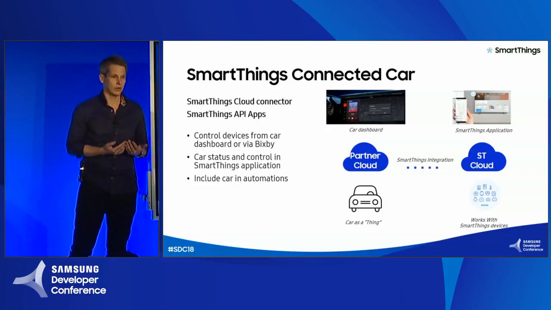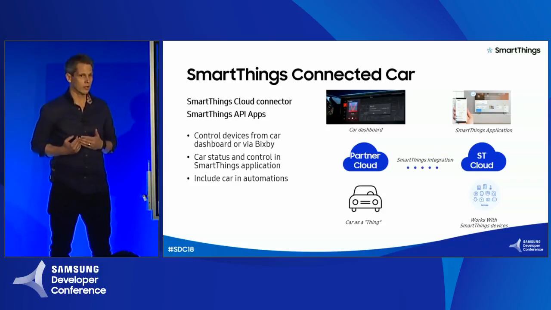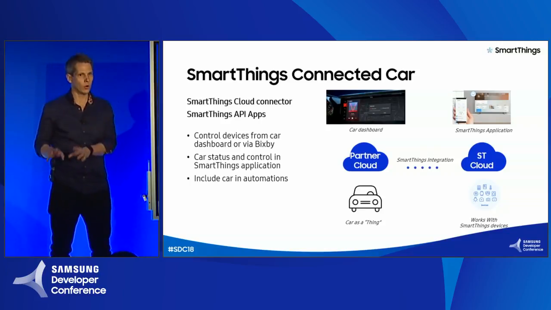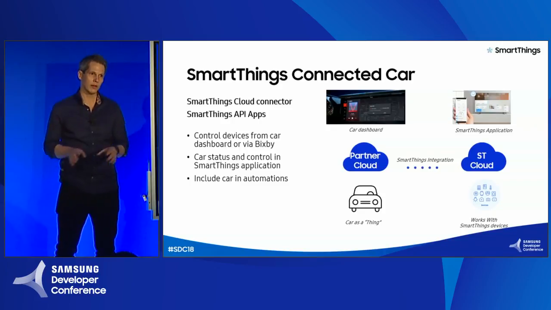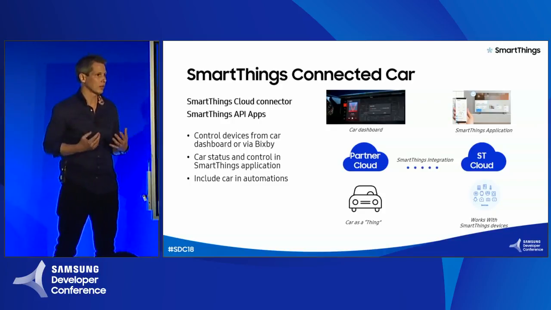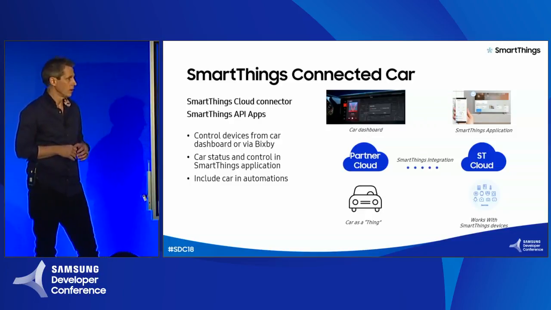So you do a device integration. The other component is using the API apps. What Jim spoke about in the previous session, they can read device status and control devices from their dashboard. So two components. You can see the car in the SmartThings client, on the TV, on the mobile, on the fridge. And the other one, you can see all SmartThings devices from your home and safely control them from the car dashboard. So two pieces there, and that's building up the connected car experience.